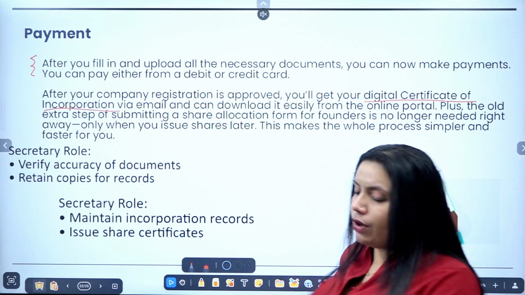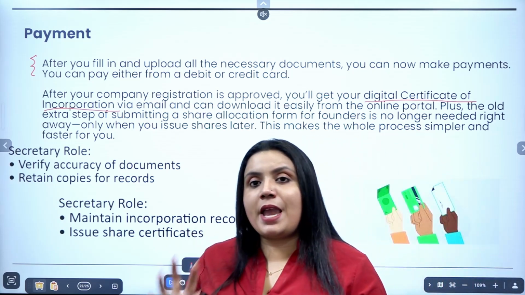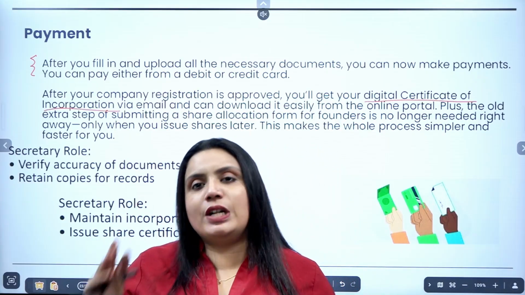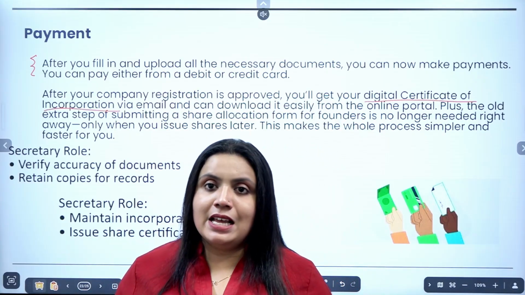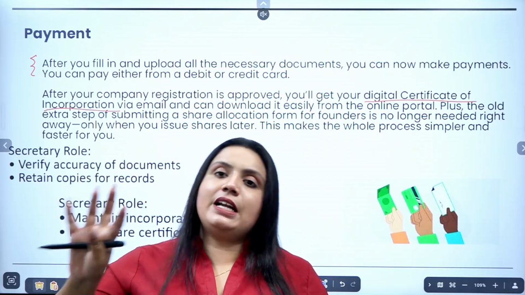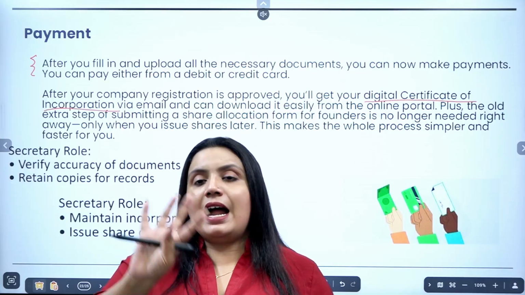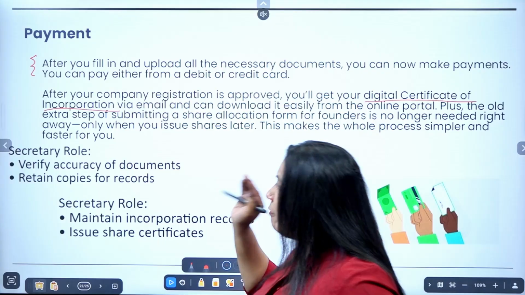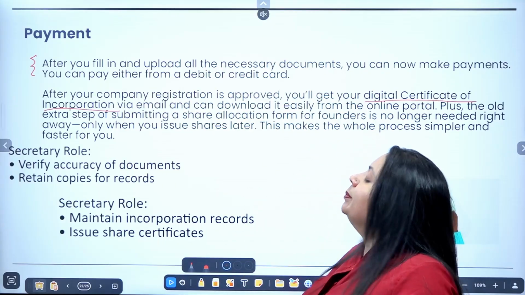Always retain a copy for your records. Actually, how you maintain particular folders in your computer also, I will be teaching you in the live class. In the live class, I will tell you how I particularly maintain all my companies under a particular folder. I will teach you how to do that. You have to retain copies for your records.